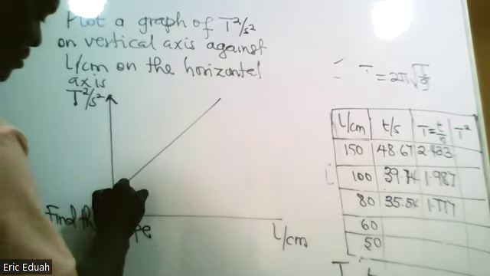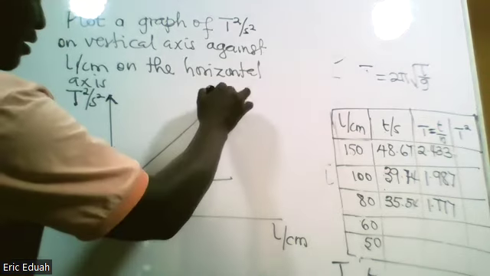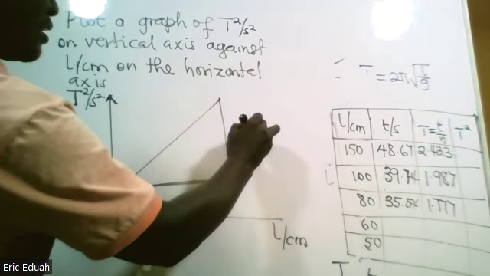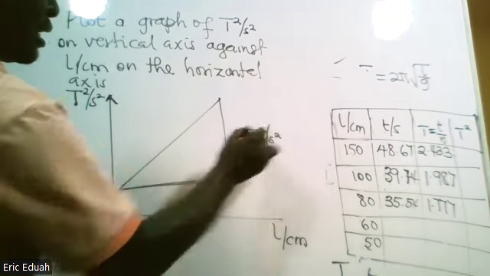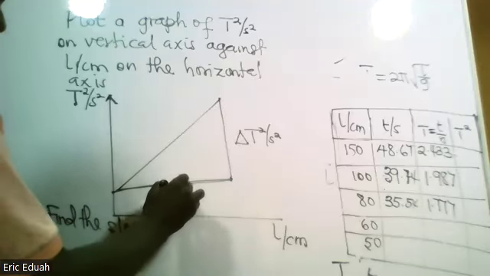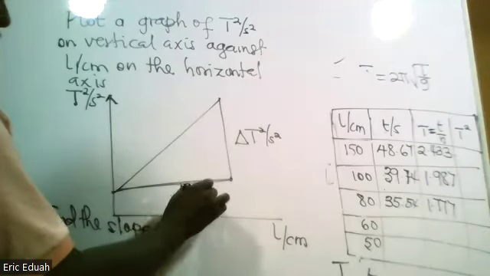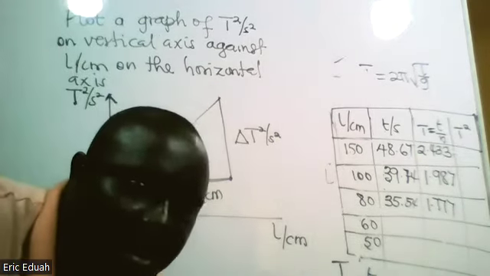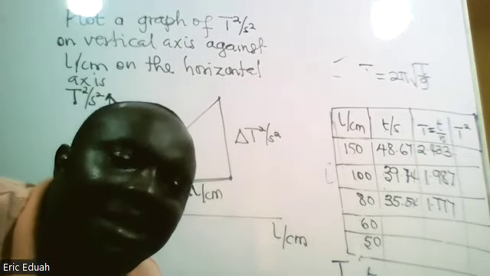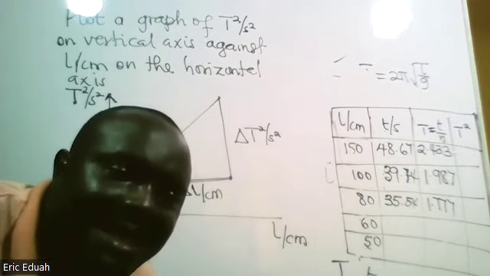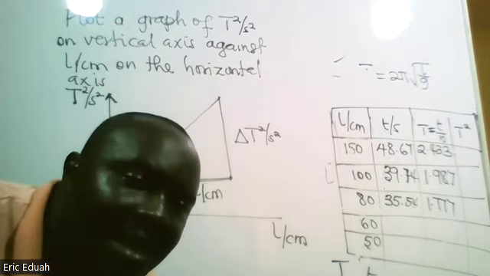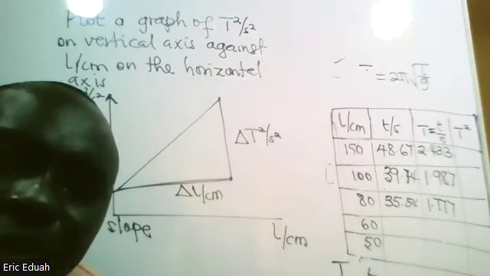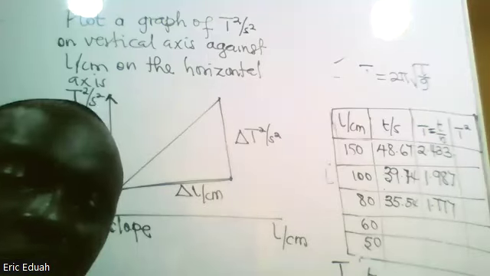The slope is equal to change in T squared over its units divided by change in L. The question is, after doing this, what proves that the value you've had for the slope is correct or wrong?